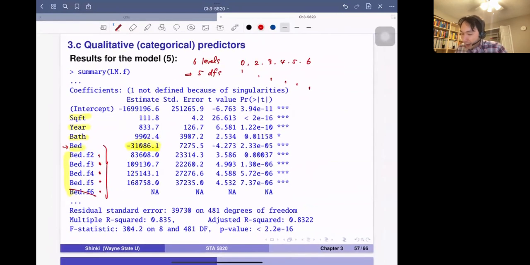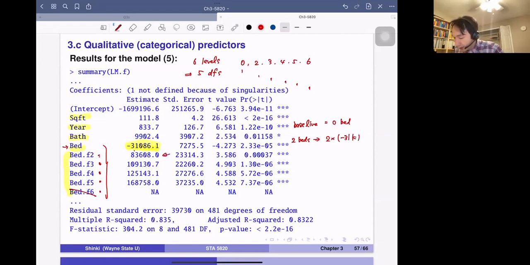So this means that the baseline is bedroom 0. Okay, so baseline. So bedrooms 0 bed. Baseline 0 bed. And how about 2 beds? For 2 beds, the impact is at first the bedrooms times negative 31. So 2 times negative 31,000. Okay.